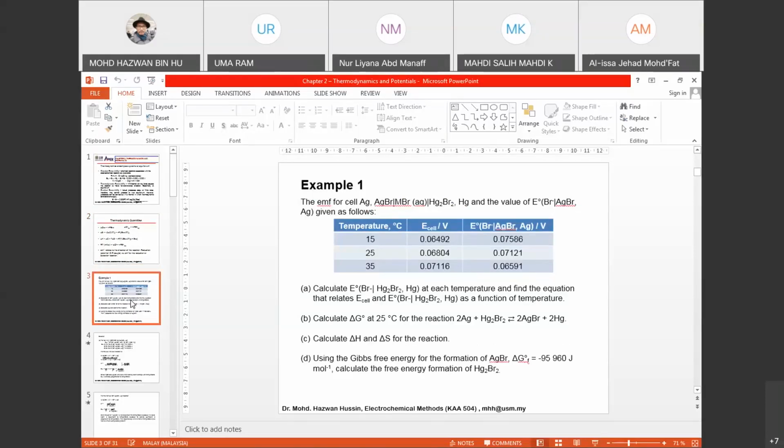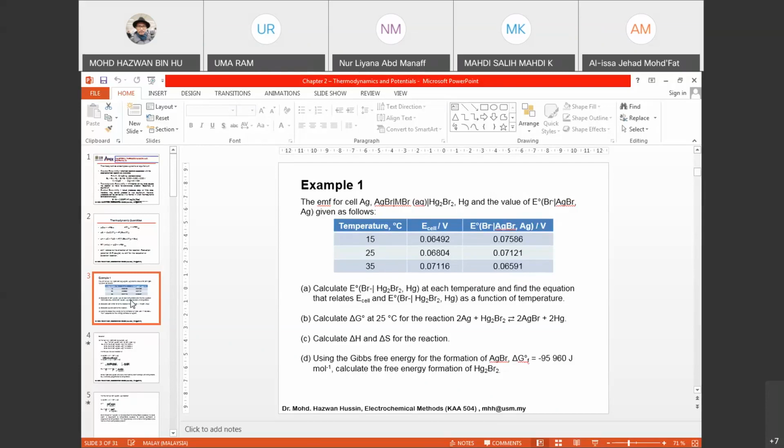All right, so we are going to look at example 1. The EMF for the cell silver bromide, metal bromide, connected with mercury bromide, and the value of the half cell potential for this one is basically the reduction, the oxidation reaction will be as follows.